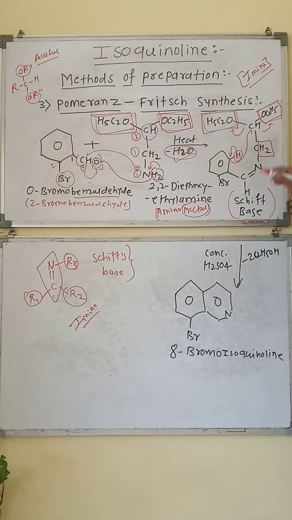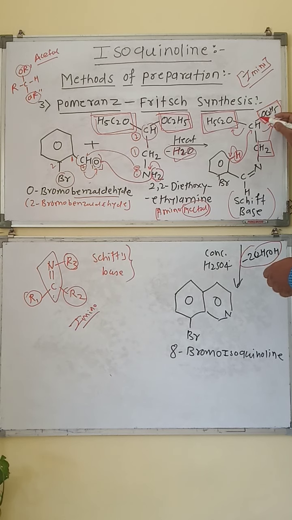Two molecules of ethanol, CH3CH2OH, are removed from this structure, and the remaining structure goes into the ring closure reaction.